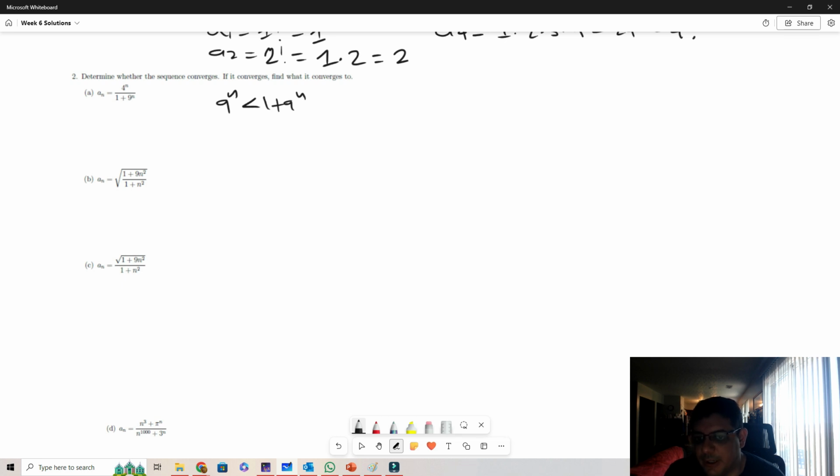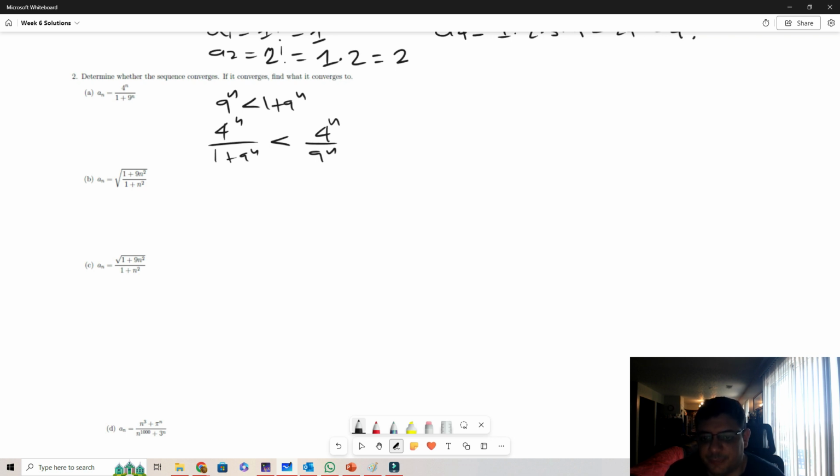And so 4 to the n over 1 plus 9 to the n is less than 4 to the n over 9 to the n, because I can put the 4 to the n in each of these pieces. Now notice that this is less than this. So if I prove that this is convergent, then this is going to be convergent.